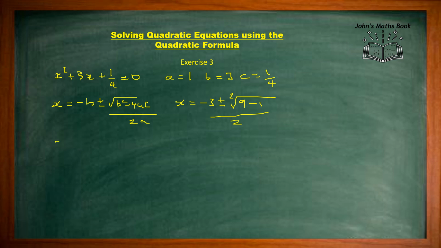So x is equal to minus 3 plus or minus the square root of 9 minus 1 is 8, divided by 2.